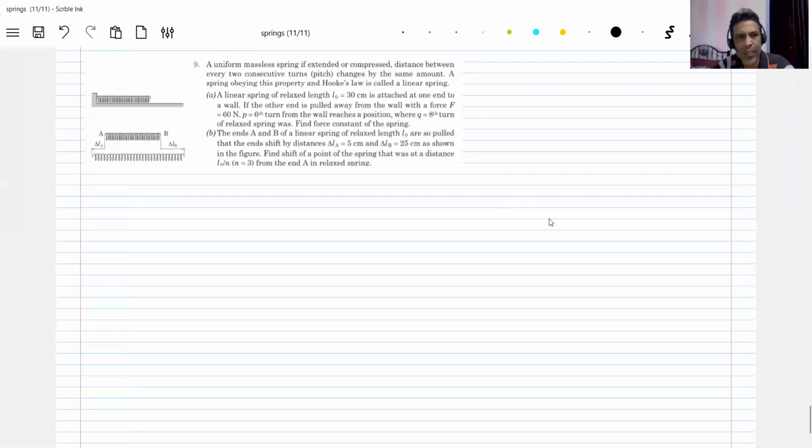This is from Pathfinder, which we brought. A uniform massless spring, if extended or compressed, the distance between every two consecutive turns changes. Read the question once, it is a little lengthy. First we'll discuss part A, then we'll come to part B.